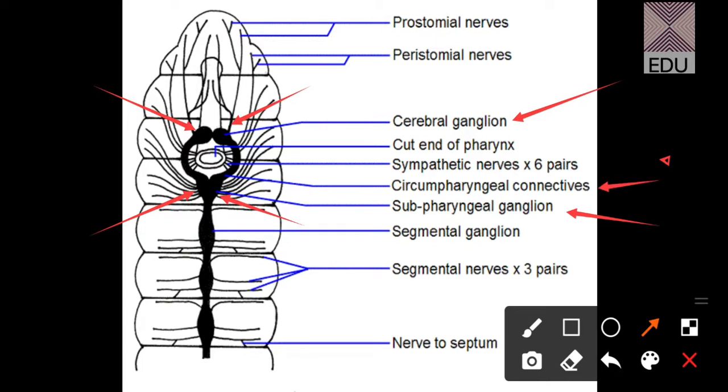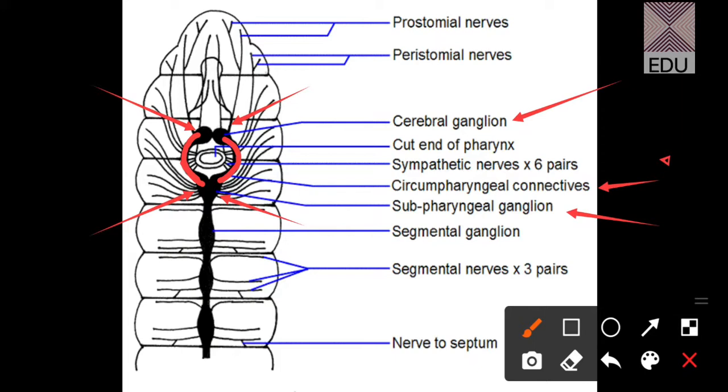You can see over here it has been written circumpharyngeal connectives. One connective is present on one side, and this is the second connective, connecting the cerebral ganglia to the subpharyngeal ganglia. That's how we get a ring out of these four ganglia.